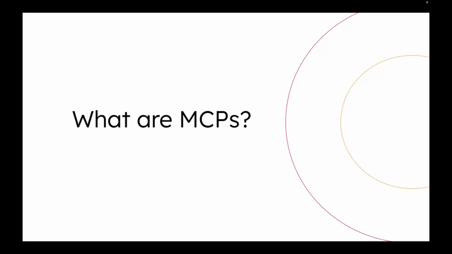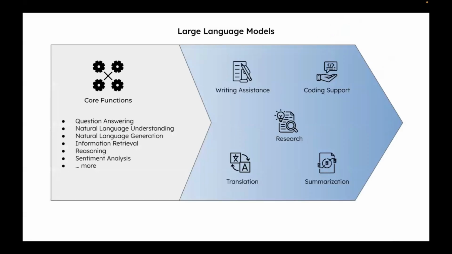With their core functions like question answering, reasoning, natural language understanding, summarization, and the list that you have here, they've made it possible to complete many tasks much faster and more efficiently using just a simple prompt. Whether you're a marketer generating a quick email draft, a student asking for maybe easy dinner recipes, or a developer seeking help with code, LLMs are becoming everyday assistants for almost everybody.